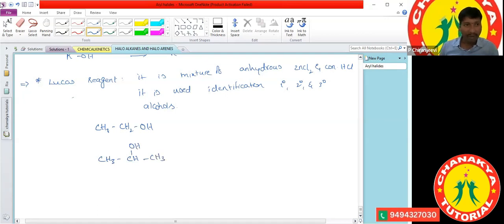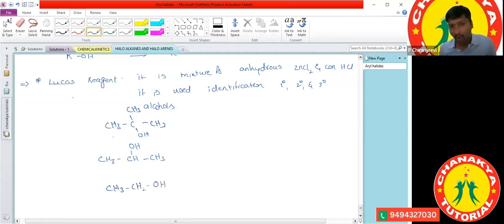First I'll take them in reverse order: tertiary, secondary, primary alcohol, to make you understand. CH3-C(OH)(CH3)-CH3 is tertiary, CH3-CH2-OH is primary. So is the first one a primary, secondary, or tertiary alcohol?